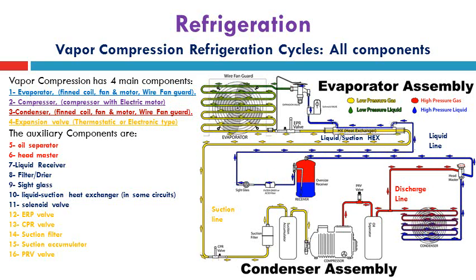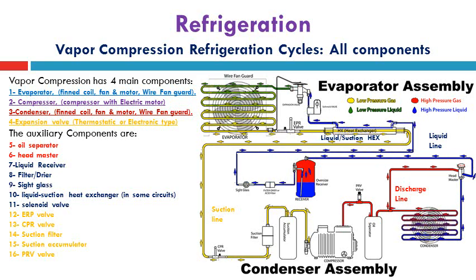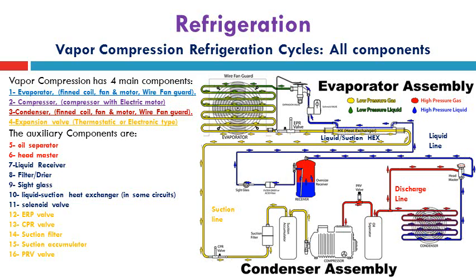Now we will discuss the function of the auxiliary or special components which must be included inside the actual vapor compression cycle to complete its work correctly. They are numbered in this slide from number 5 to number 16.